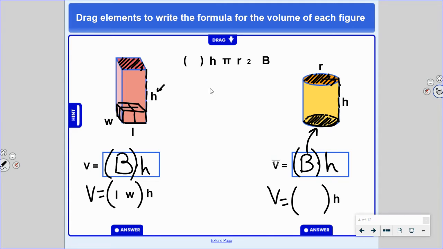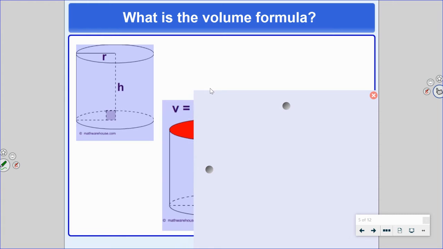So if we found pi and multiplied pi times the radius times another radius, or in other words, a radius squared, just as we found the area of the base and multiplied it by the height, we could find the area of the base and multiply by the height. It all comes from the same equation, but naturally the key difference is what is the shape of the base of that, well, prism, I guess you could say, but prism I think would be more for the left figure than the right. So I wanted to show you briefly where that came from.